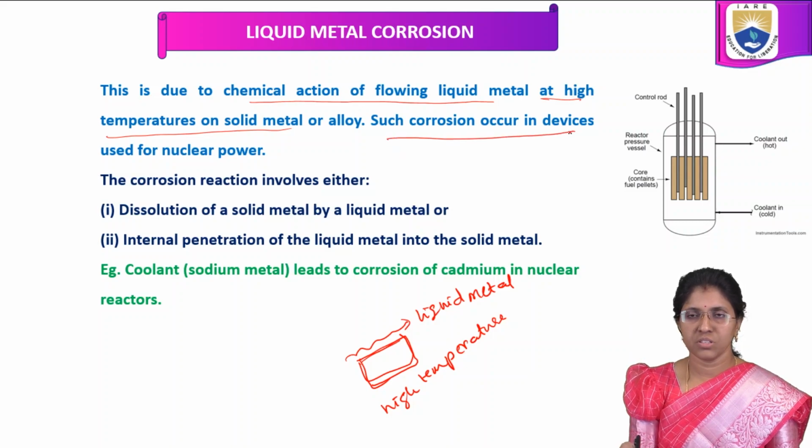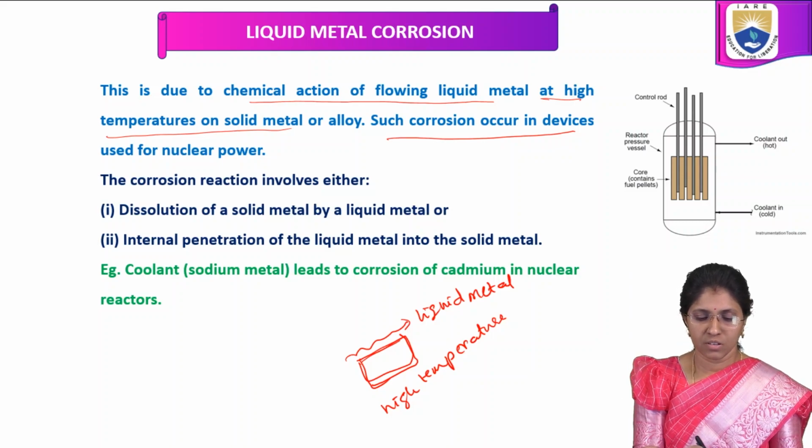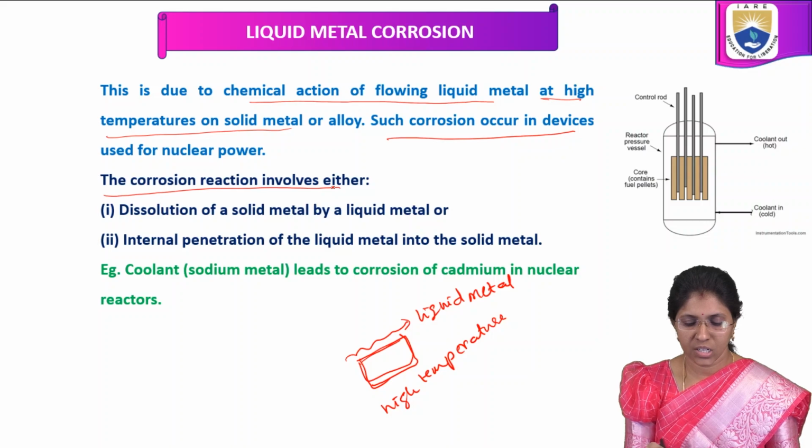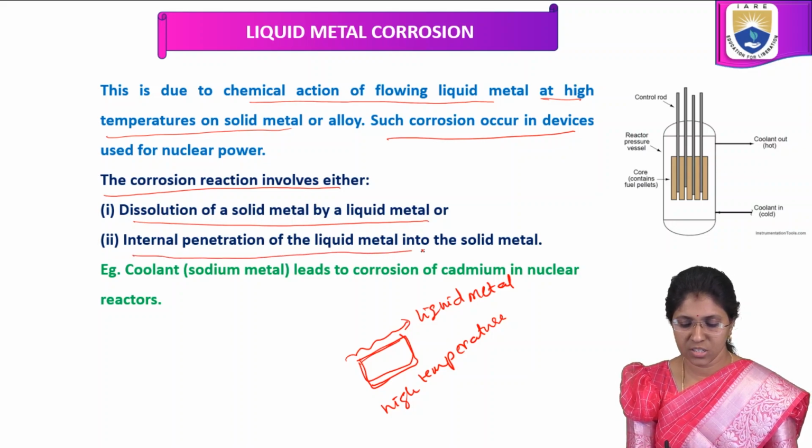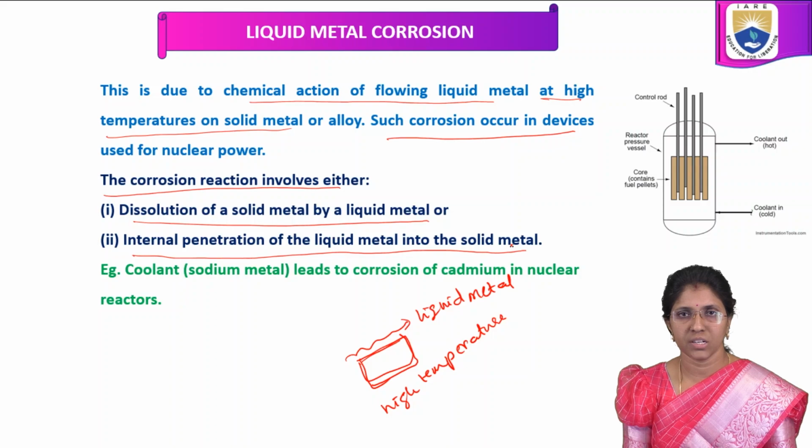Such corrosion occurs in devices used in nuclear power. Here the corrosion reaction involves either dissolution of solid metal by liquid metal or internal penetration of liquid metal into solid metal.